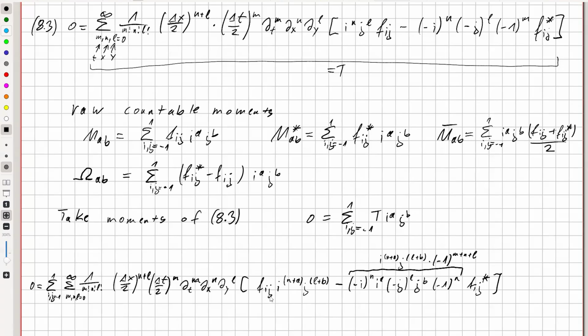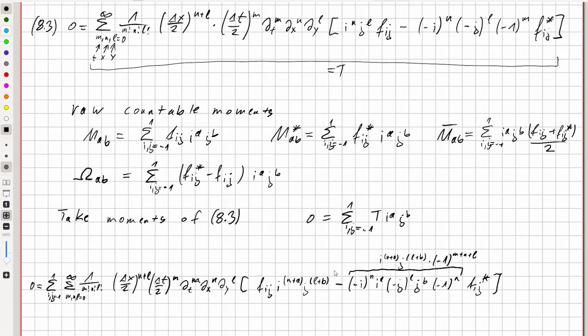So what you should identify here now is that you have the moments, yeah. So the pre-collision moments and the post-collision moments, yeah. And actually, you see whether you have the sum or the difference of the post-collision moments depends on what the sum of m plus n plus l is, right?